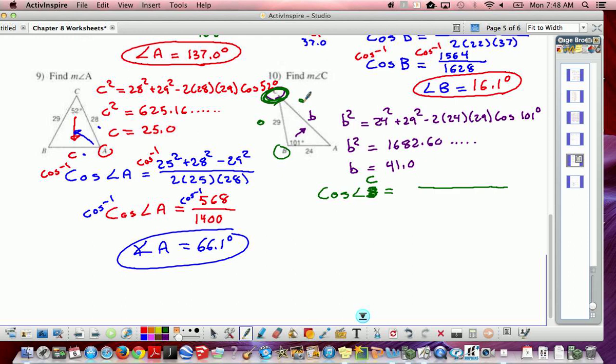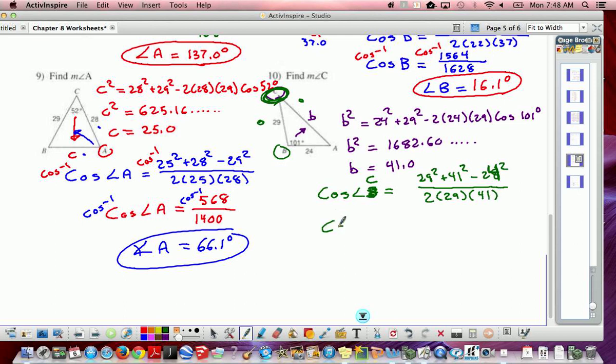The two sides that make up the angle, so 29 squared plus 41 squared minus the side across from it, which is, sorry, I wrote 28 squared there, but it should be 24 squared, divided by 2 times 29 times 41. So again, this here should be a 24.